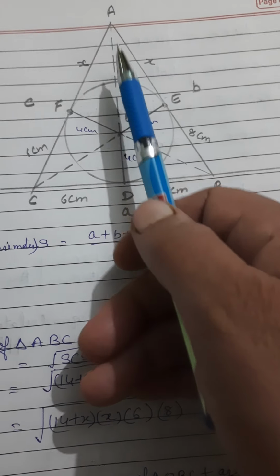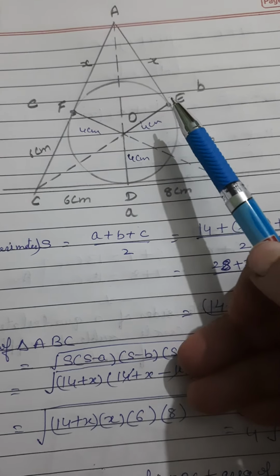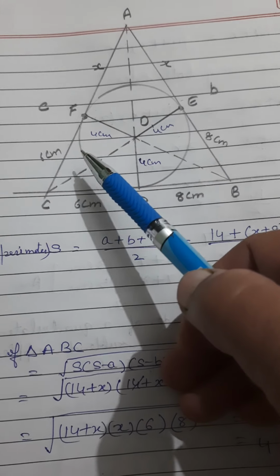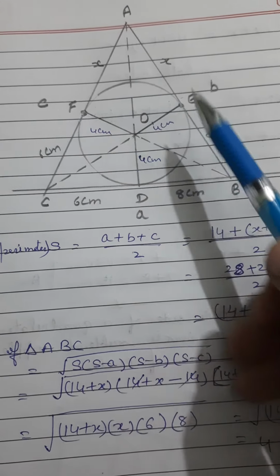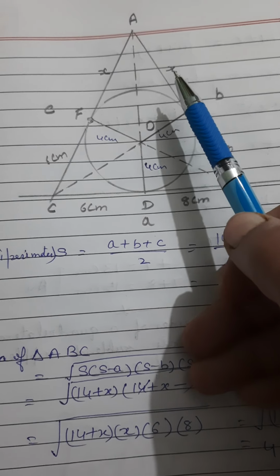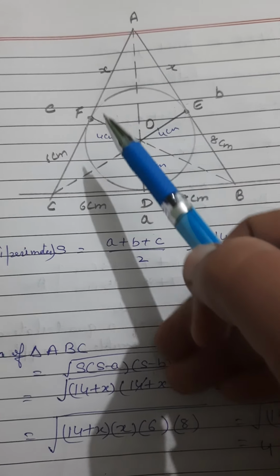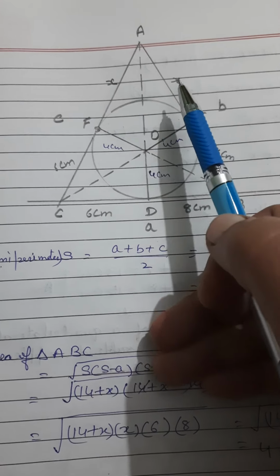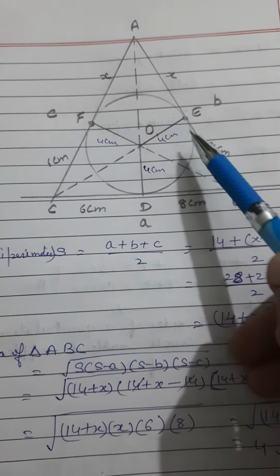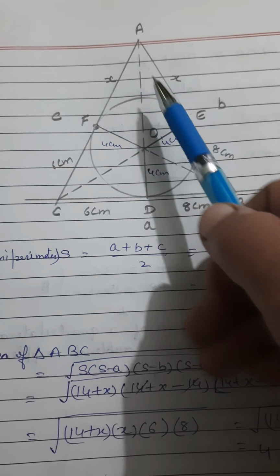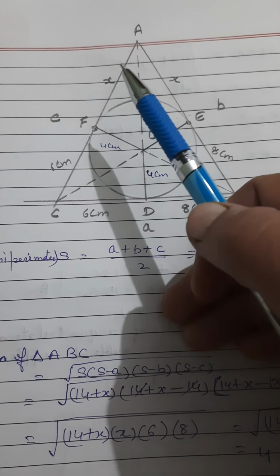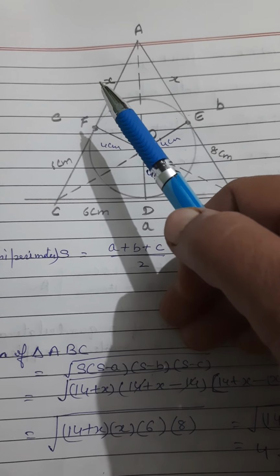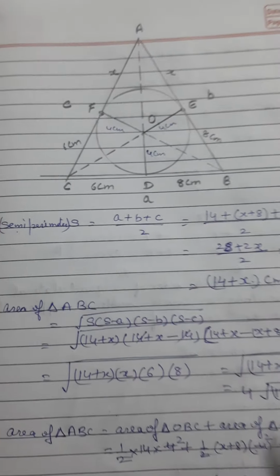Now we don't know about this because here external point A is also making the tangents AE and AF. Because we don't know AC and AB, therefore we have considered that AE and AF are x and x centimeter, because these will be equal, these are the tangents from the external point A.